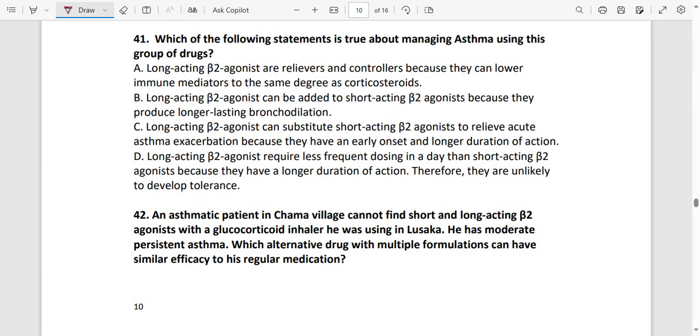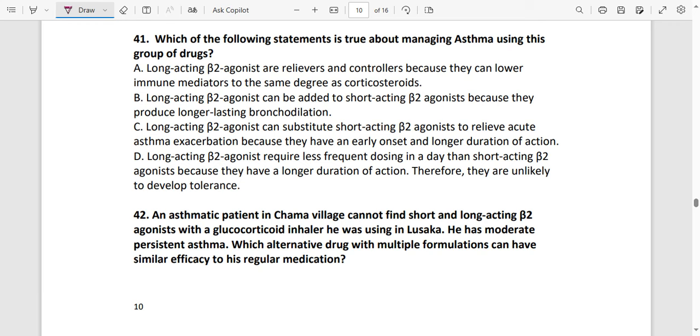We are remaining with the three MCQs. Which of the following statements is true about managing asthma using this group of drugs? A. Long-acting beta-2 agonists are relievers and controllers because they can lower immune mediators to the same degree as corticosteroids. B. A long-acting B2 agonist can be added to short-acting beta-2 agonists because they produce longer-lasting bronchodilation.